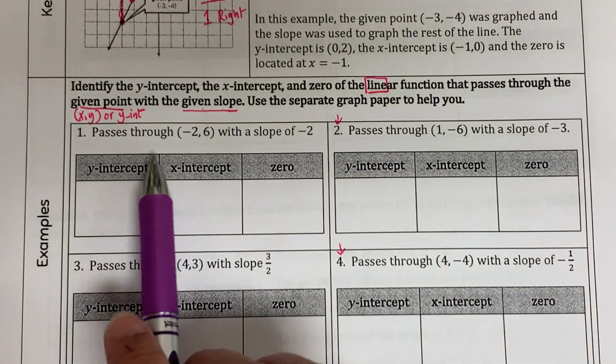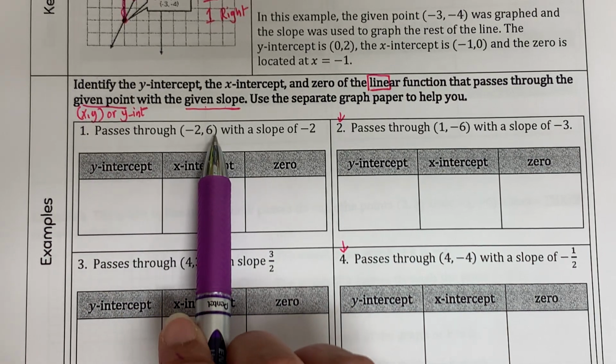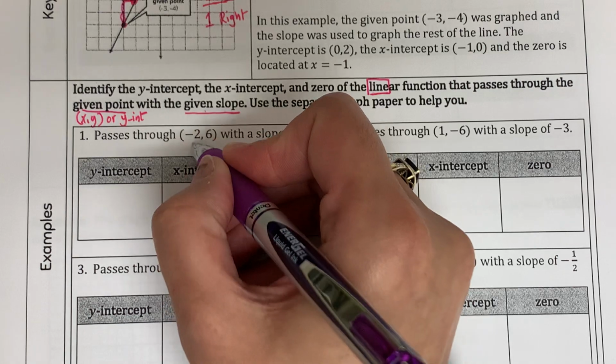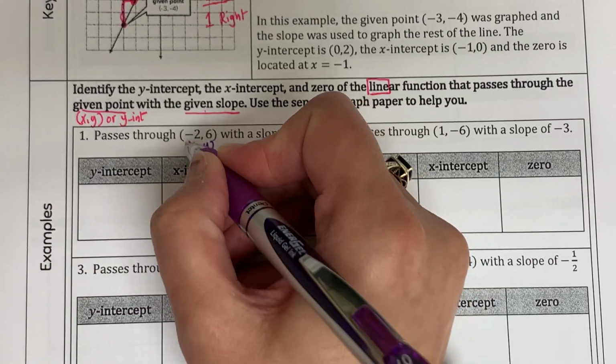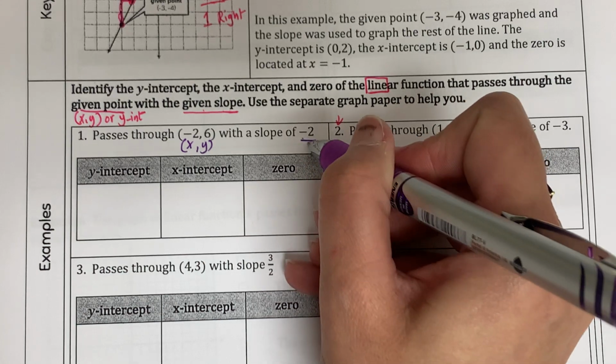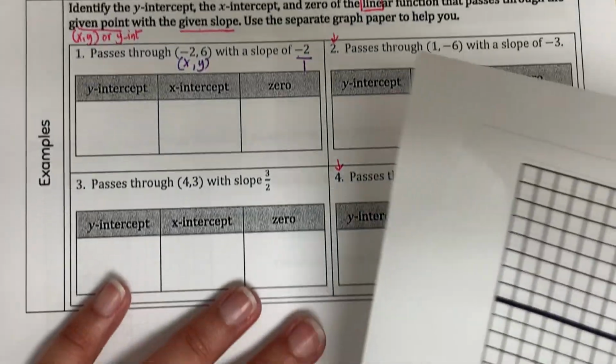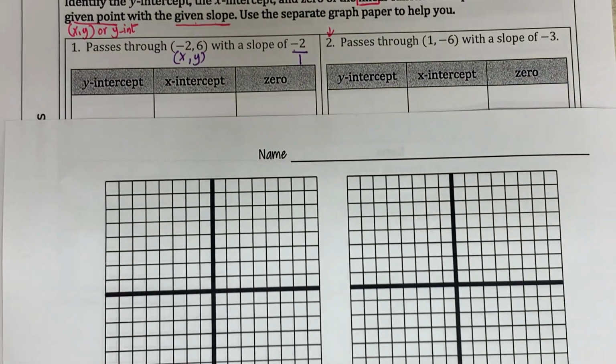All right, so the first question is a line passes through -2, 6. So x is -2 and y is 6 with a slope of -2, which means -2 over 1. So this is my information. Let's see how I can use that information. So this is my graph paper.